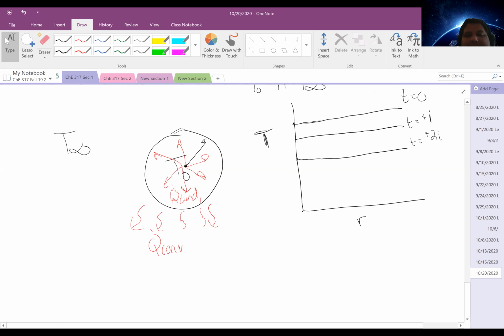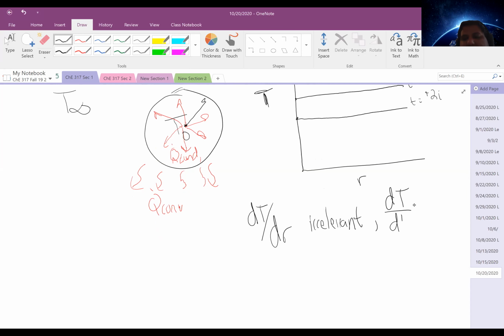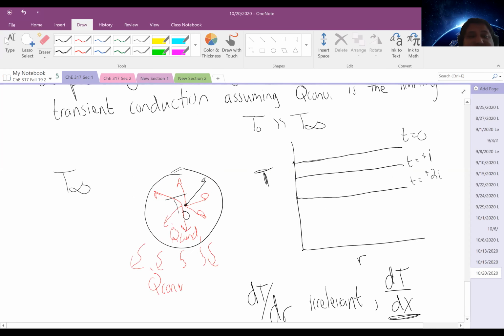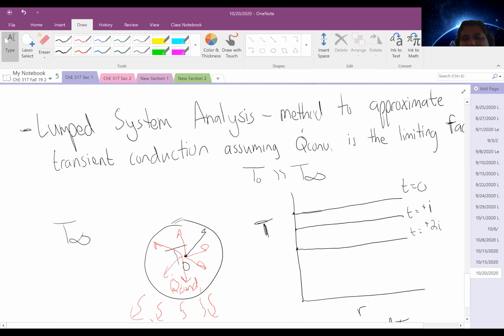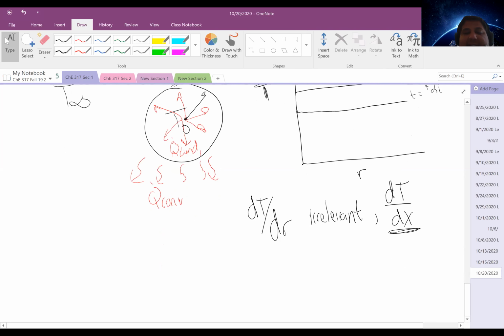We can expect this to occur for a lot of materials, typically where the thermal conductivity is high. We can quantify materials where we can consider dT/dr irrelevant, and instead we're primarily concerned with dT/dx. This is where we consider a lumped system analysis, because we can consider the entire system as having one uniform temperature with respect to time.